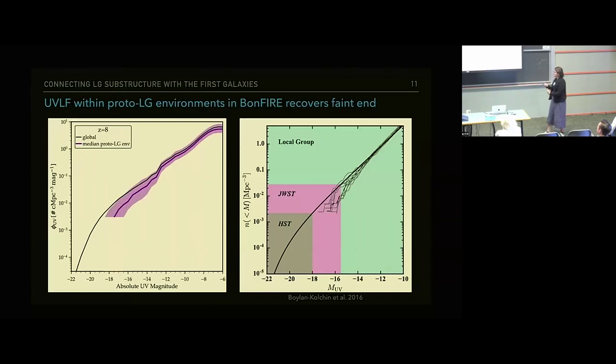And ideally, there's hopefully enough of an overlap here to validate or fact check with direct high redshift observations with JWST.